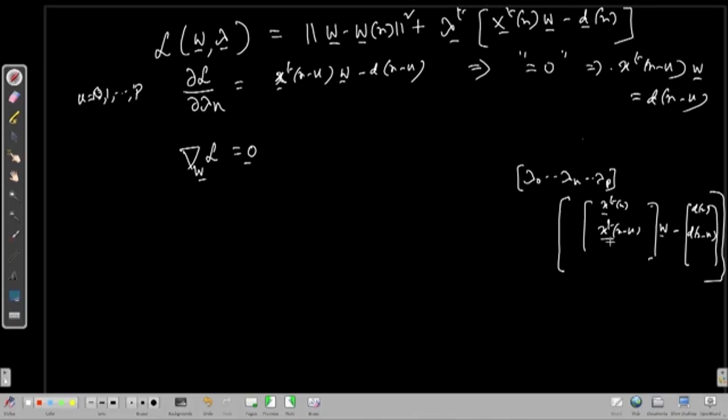Lambda k will multiply the term x transpose n minus k, this row, times w. That is the filter output at the n minus kth time index with filter coefficient vector w, so this output minus d n minus k.